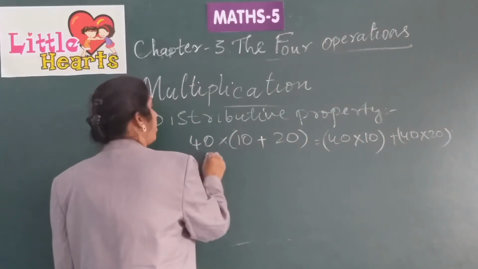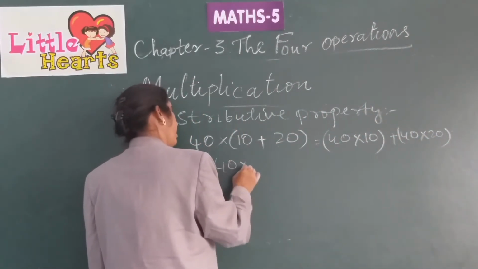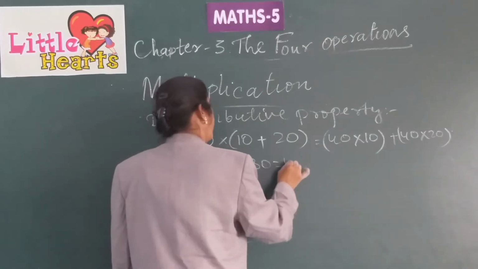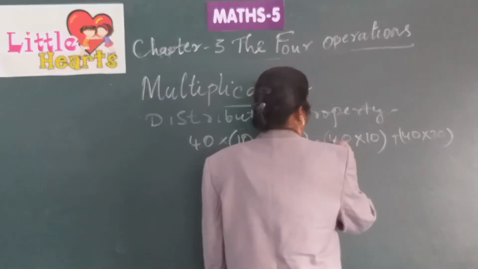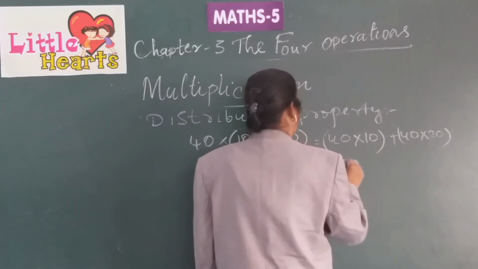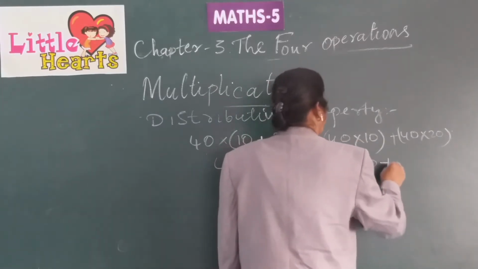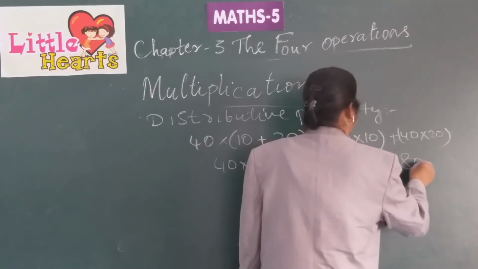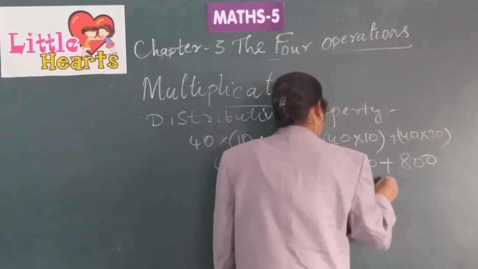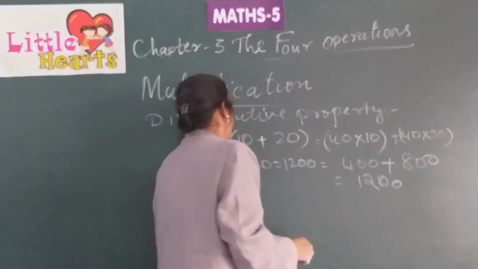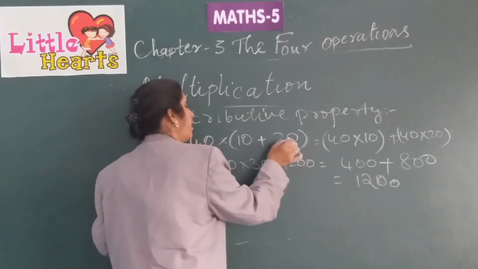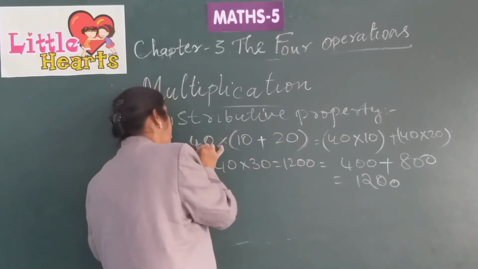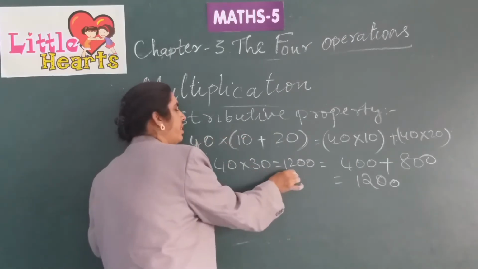So 40 into 30, that is equal to 1200, equals 400. 40 into 10 is 400 and 40 into 20 is 800. The result is 1200. So if you add the numbers in the brackets and multiply with the outside number, we get the same product.